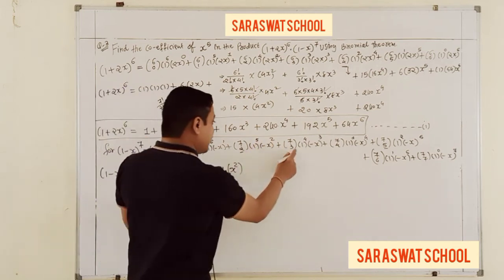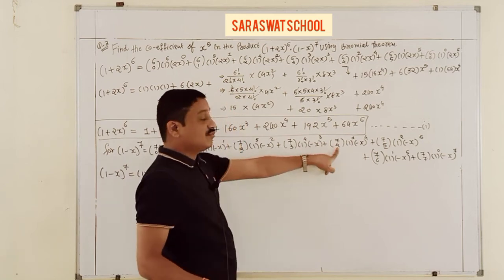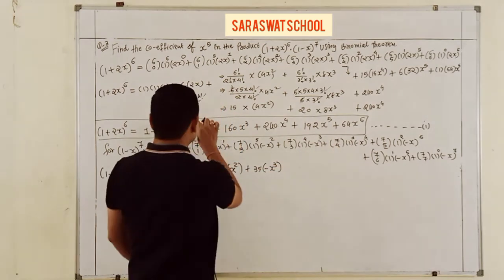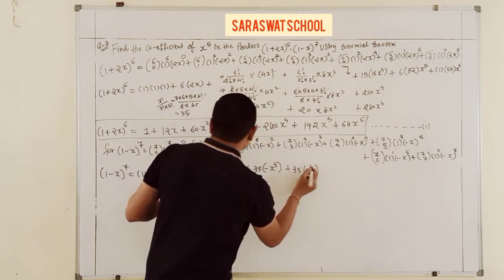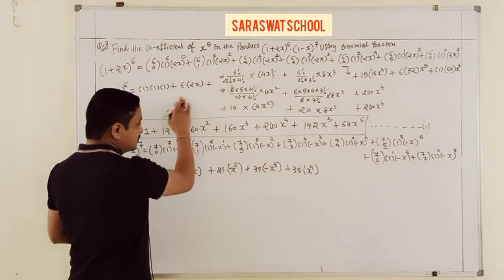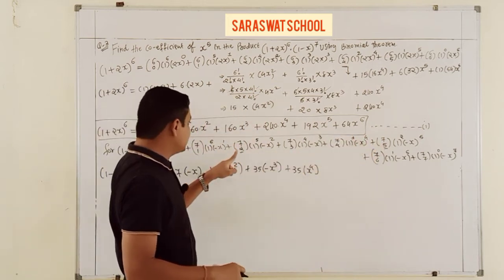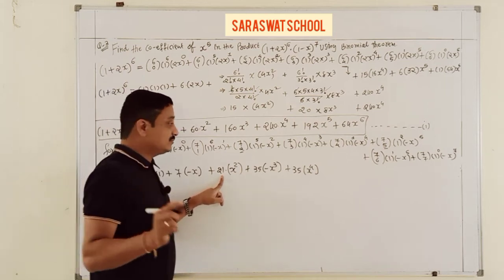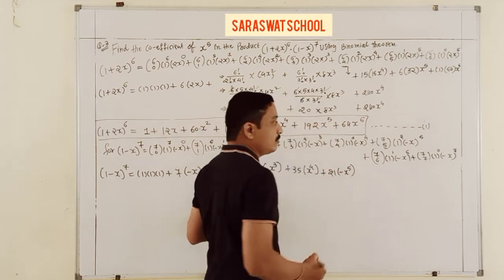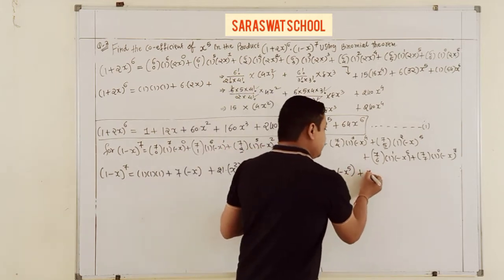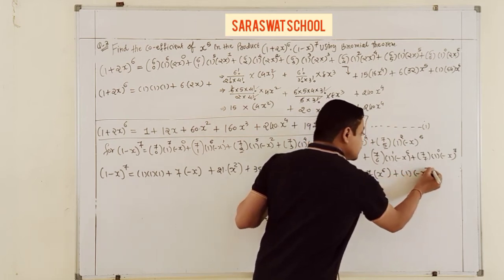So here I apply 35 times minus x cube. But 7C4 is also the same, 35, x raised to 4. So I just directly write 35. Now 7C5, as well as 7C2, is 21. So students, here 21 times minus x raised to 5. Continue. 7C6 is 7x raised to 6 and here 1 but minus x raised to 7.